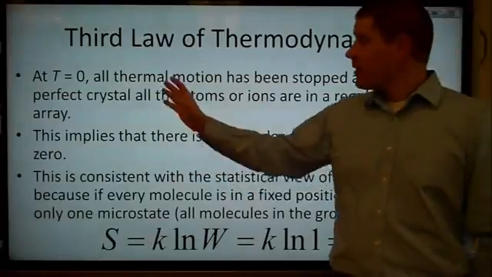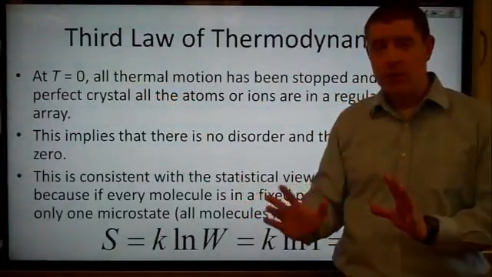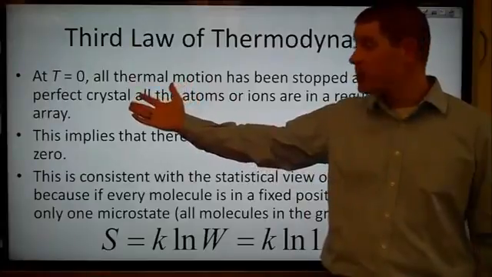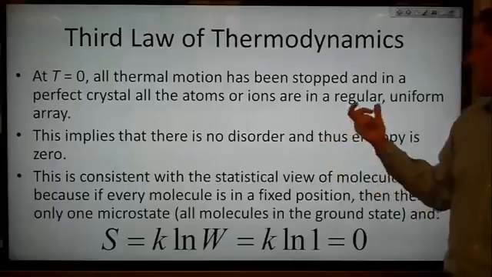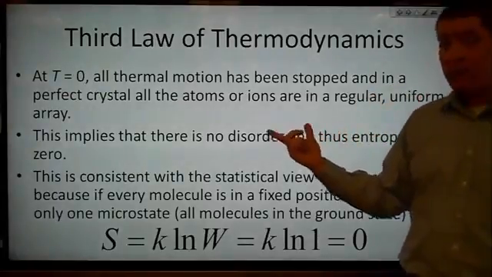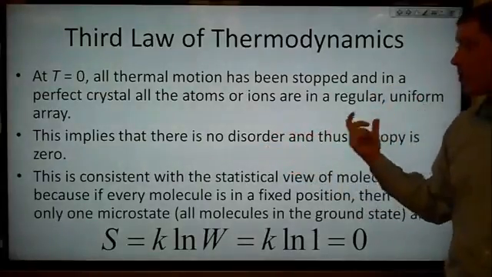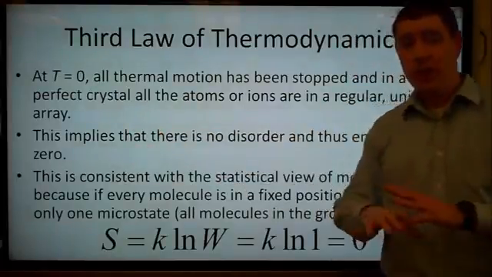At T equals 0, on the absolute scale, we're at absolute zero and all thermal motion has been stopped. In a perfect crystal, all the atoms or ions are in a regular uniform array. By perfect crystal, we mean there are no imperfections.